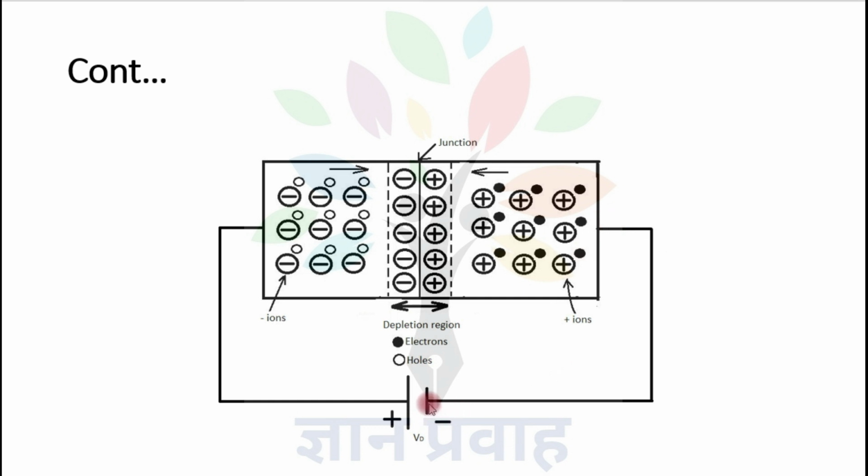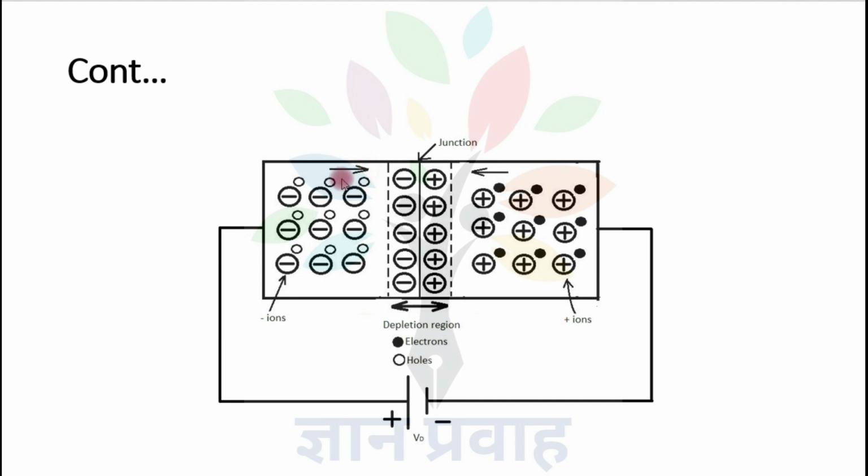It means negative charge is continuously coming from the negative terminal of the battery to the N side material, and positive charge, these are the holes, is regularly coming from the positive terminal of the battery to the P side material. It means charge carriers are increasing in the P type material and N type material due to application of external voltage. That's why the charge carriers are moving towards the opposite charge carriers.